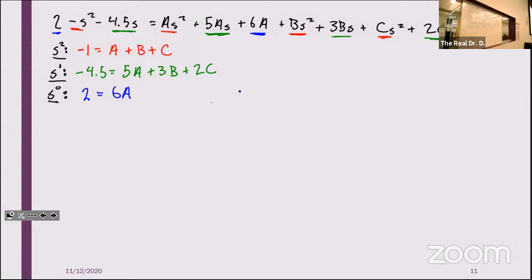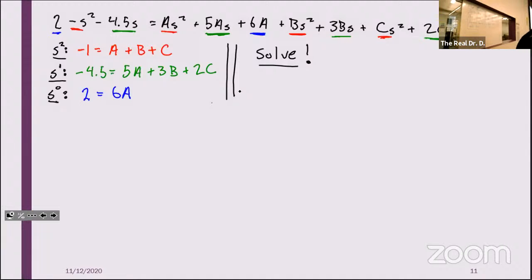And look at that. I've got a system of 3 equations with 3 unknowns. So I'll solve those. Use your favorite method. My favorite method is to put it in my calculator and let my calculator do it for me. But you don't have to do that. You could solve for a directly.